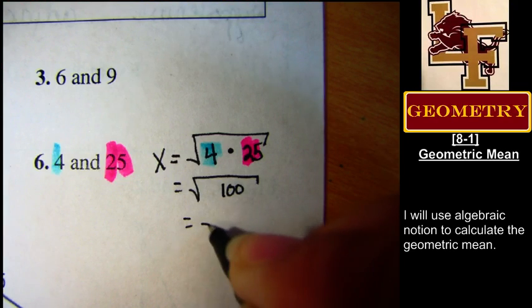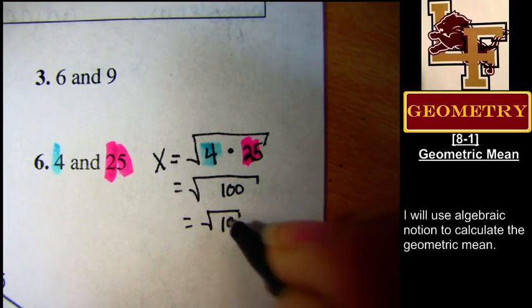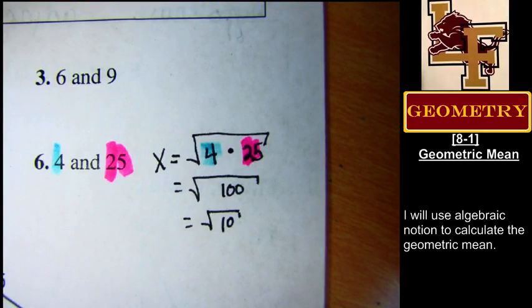And the square root of 100 is 10. That's it. That's all there is to it.